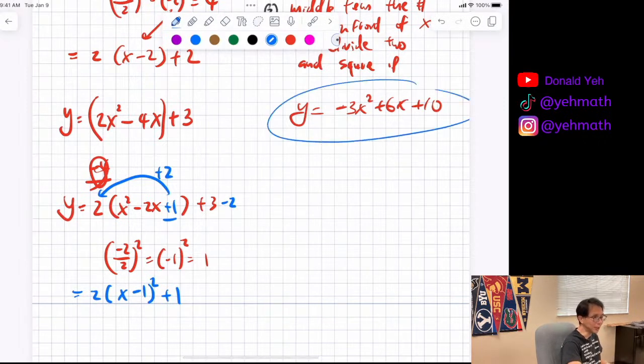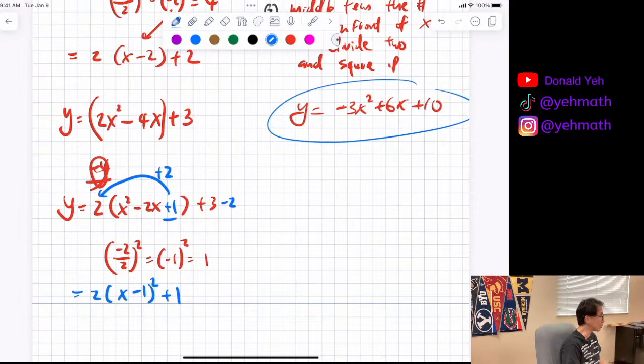How about this one? It's a little bit more tricky now. Watch out for your net gain or net loss. You might have net gain, you might have net loss. So be careful on the second one.